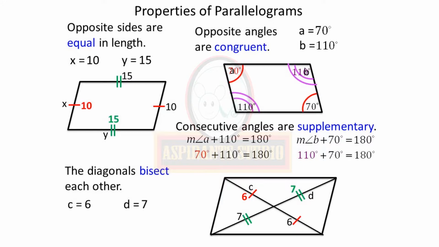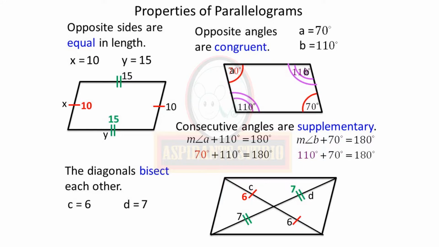Now we are taking measure of angle A as 70 degrees and measure of angle B as 110 degrees. Then you get the consecutive angles to be supplementary. Measure of angle A plus 110 degrees, which are consecutive angles, will be equal to 180 degrees. Similarly, measure of angle B plus 70 degrees, which are consecutive angles, will be equal to 180 degrees.